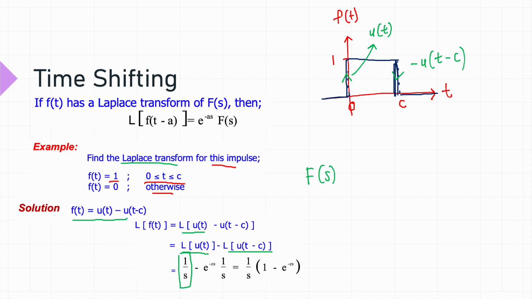However, u(t minus c) is shifted by c, and based on the rule above, how much the time is shifted is written as exponential negative that amount times s in the s domain. So it is shifted by c, therefore exponential negative c s, times 1 over s. From this equation we can simplify and it will become as such.